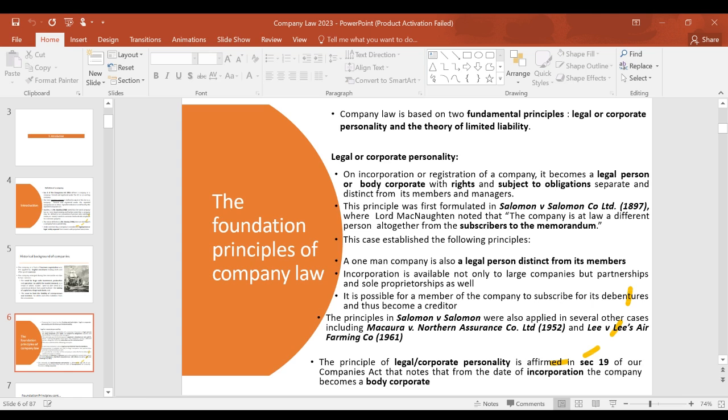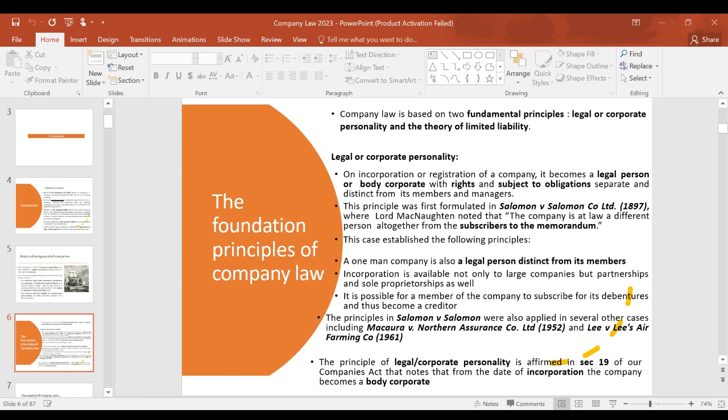These principles were first formulated in the Solomon versus Solomon case of 1897, which I encourage you to read. The company is at law a different person altogether from its subscribers. So if I subscribe towards the operation of a company, I am separate from the company itself.